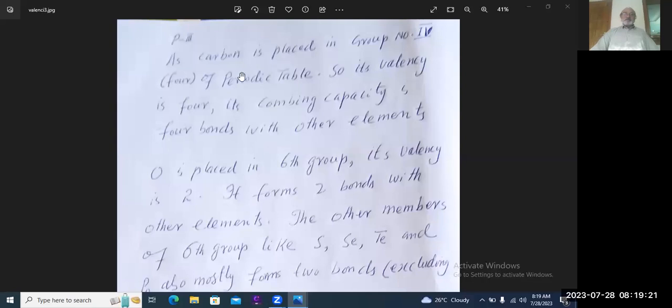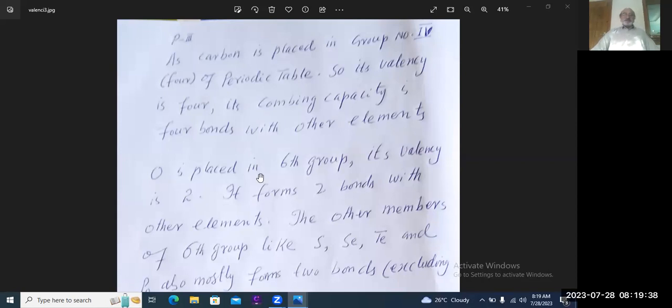As carbon is placed in group number 4 of the periodic table, its valency is 4. Its combining capacity is 4 bonds with other elements.